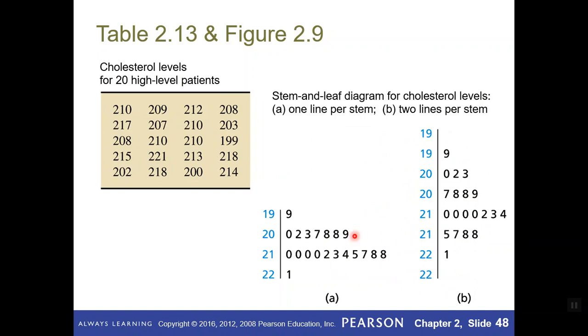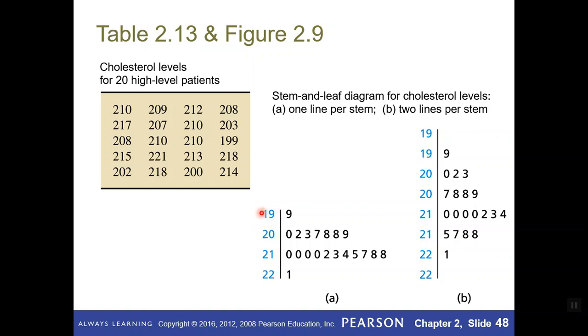In this one you can see we have 3 digits. It doesn't matter, a leaf always has one digit, always one digit. All digits except the rightmost digit you have to push to the left side, which means the stem. So in this case I have 2 digits in my stem column.